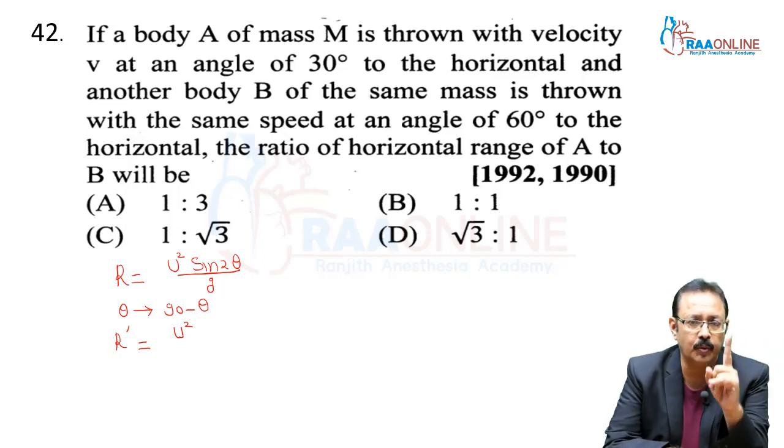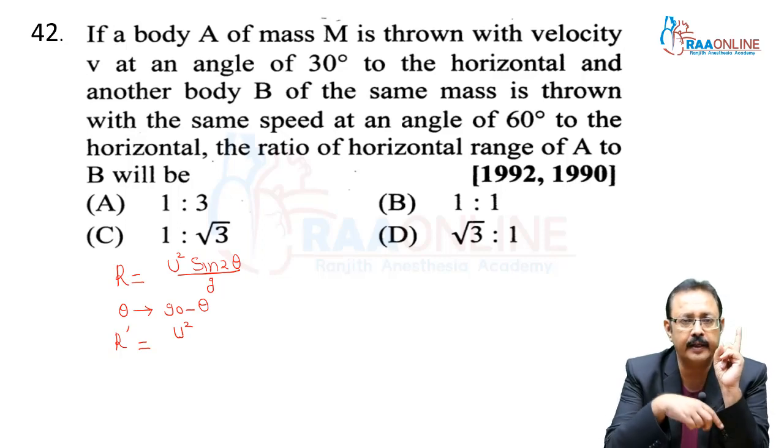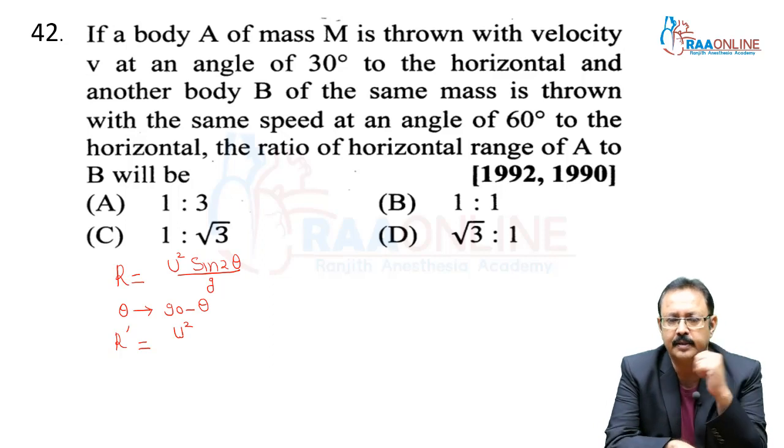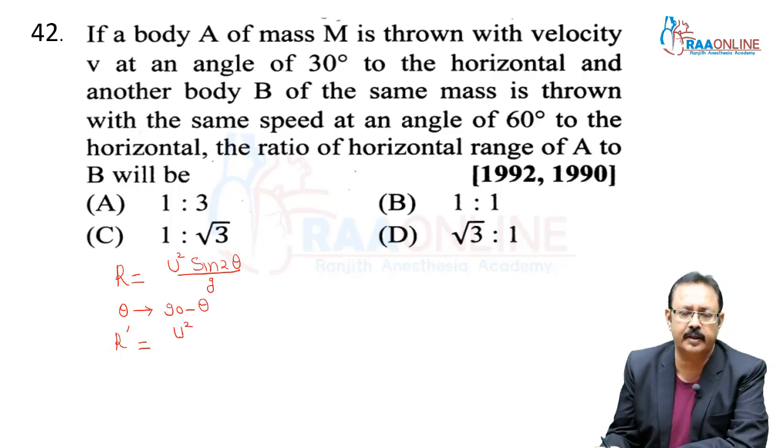First I throw the projectile at an angle theta and I got a horizontal range u square sine 2 theta by g. Again at same place with same speed I am throwing that same projectile but now at an angle 90 minus theta. I want to see what is the range now.